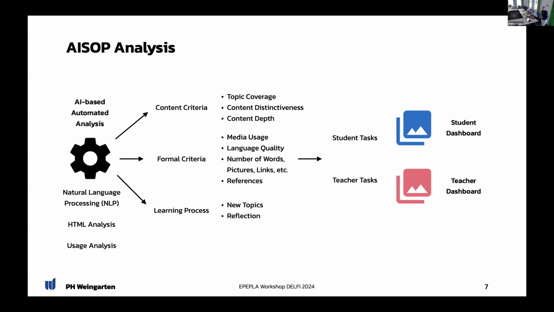Of course, the HTML analysis gives us information about how many words they wrote, and how many pictures they used compared to the amount of words. Is the media usage good, or did they not use enough media, because that's always a part of the e-portfolio, of course.